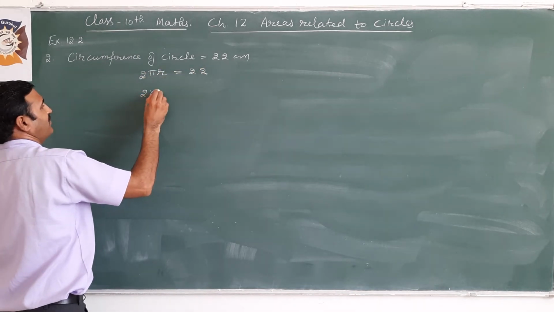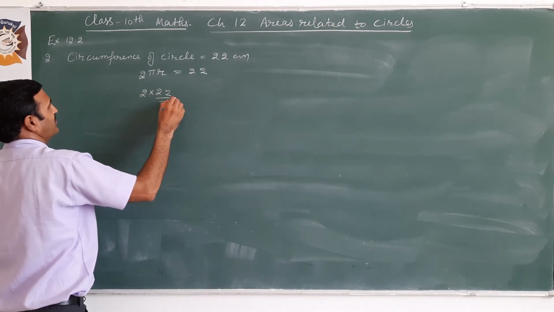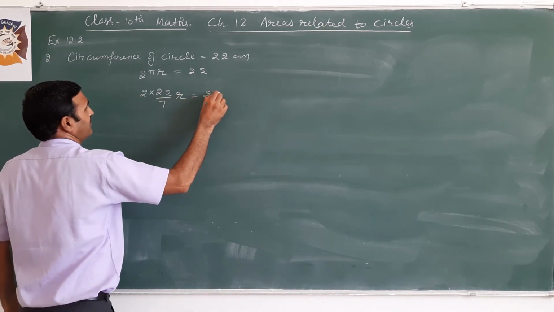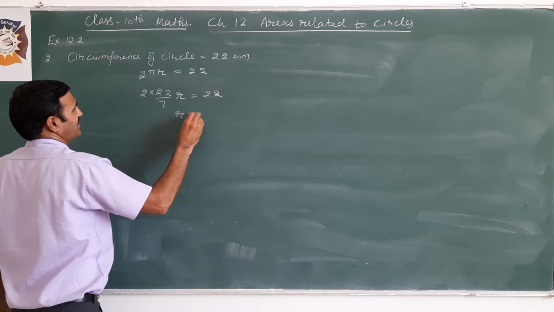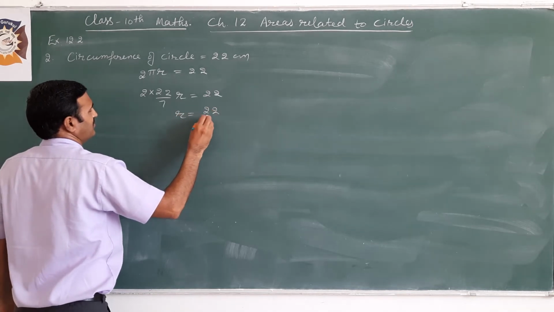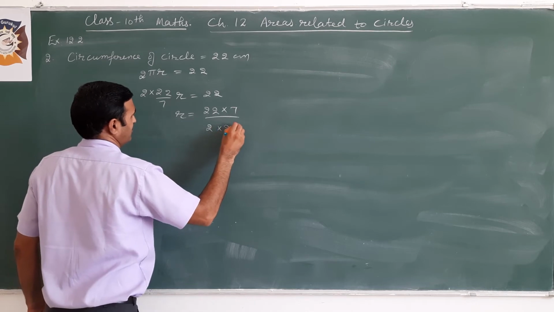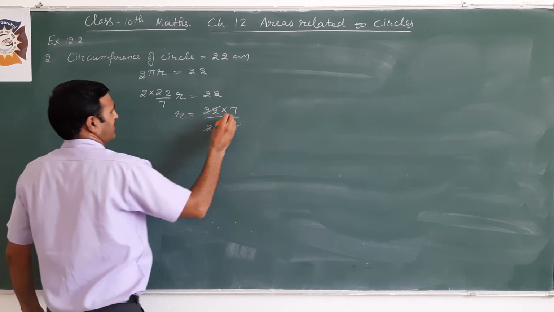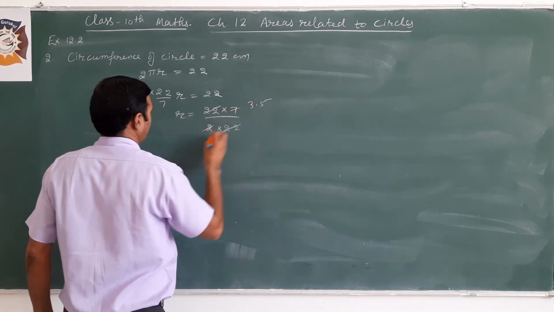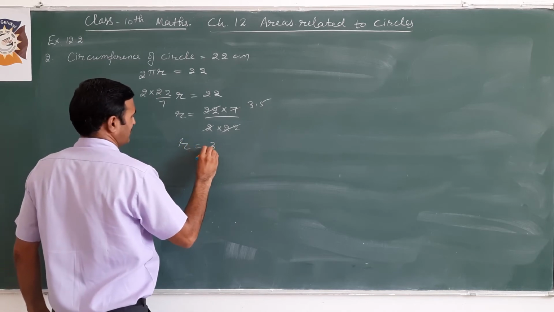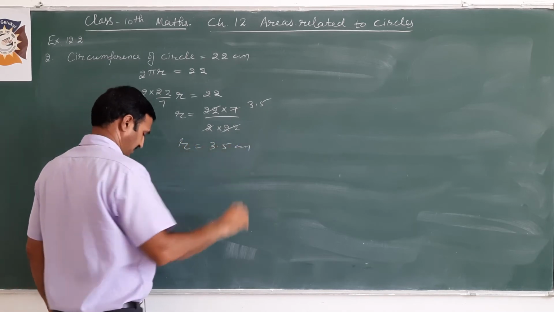Put the value of pi, pi is 22 upon 7, and then r is 22 into 7 upon 2 into 22, which is 3.5. So radius is 3.5 centimeter.